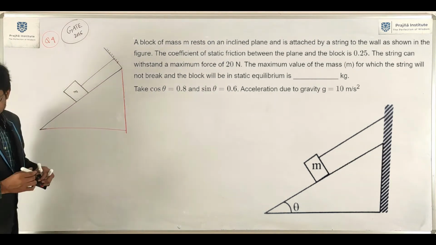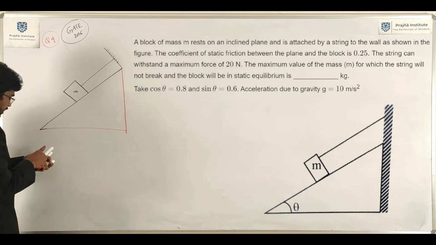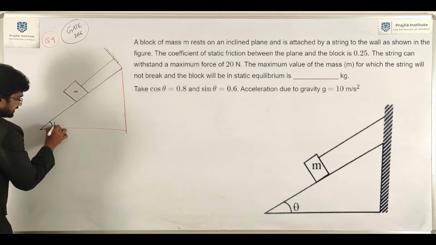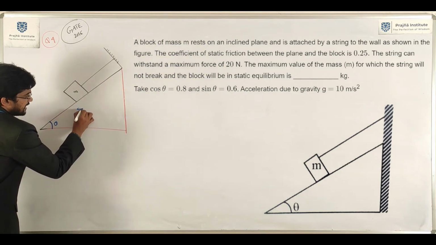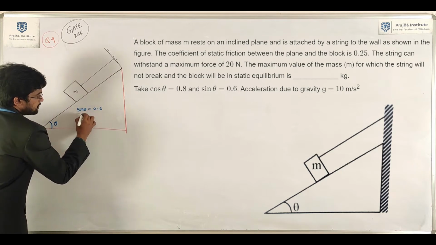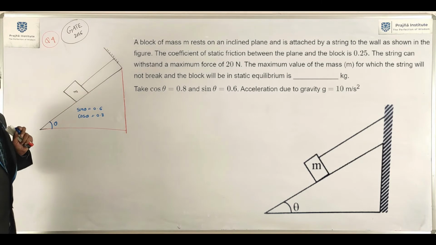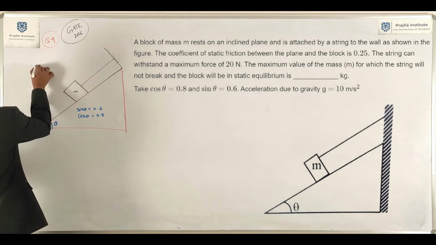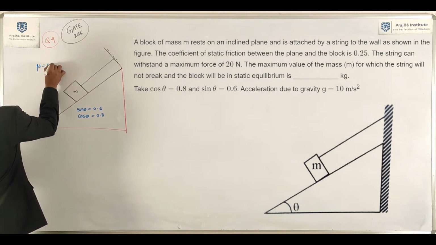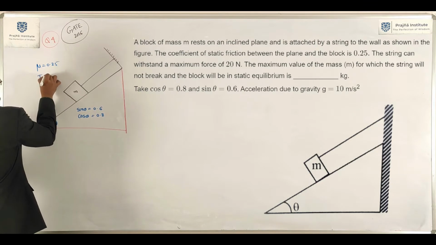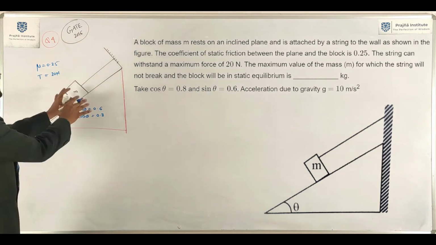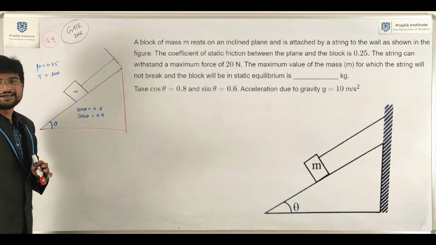What is the angle? Sin theta equals 0.6, cos theta equals 0.8 is given, and the coefficient of friction mu equals 0.25. Tension in the string will be 20 Newton. It can withstand up to 20 Newton.